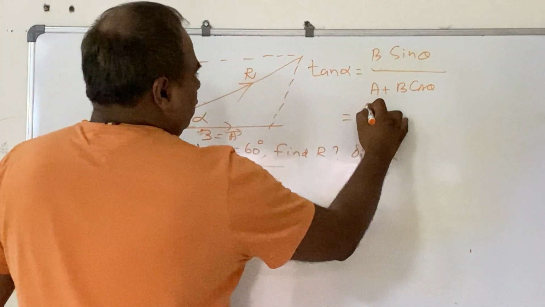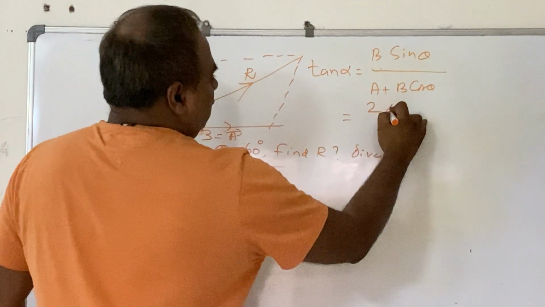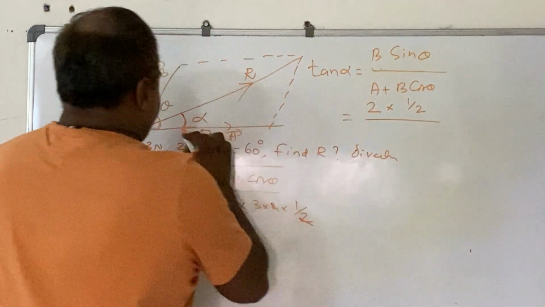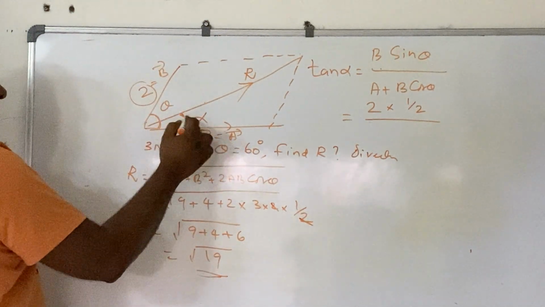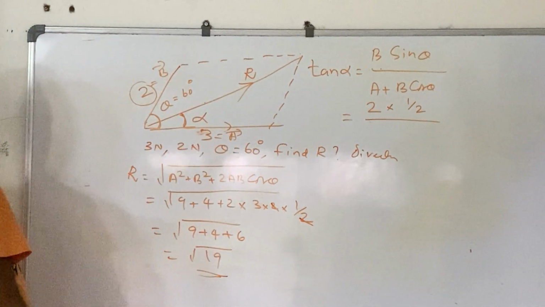Then b you need to consider as this 2. 2 into sin theta. Sin theta is sin 60. Theta is 60 degree. This is theta, this is alpha. Alpha only we need to calculate.